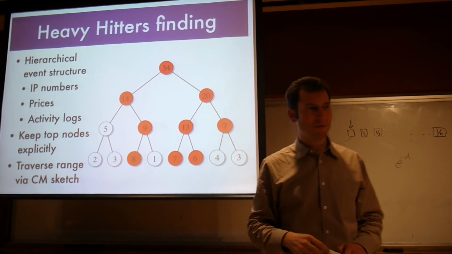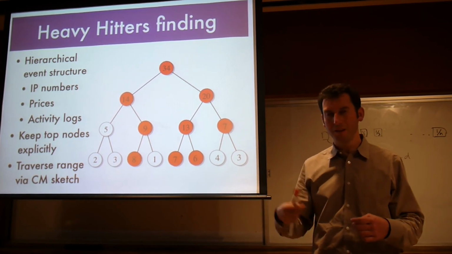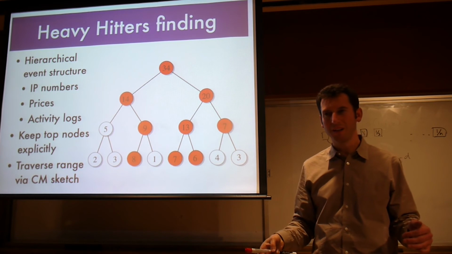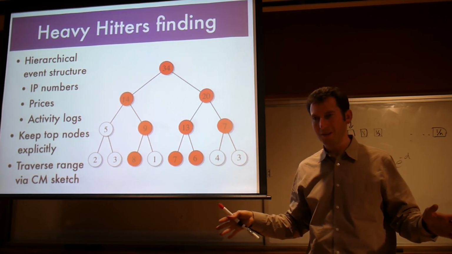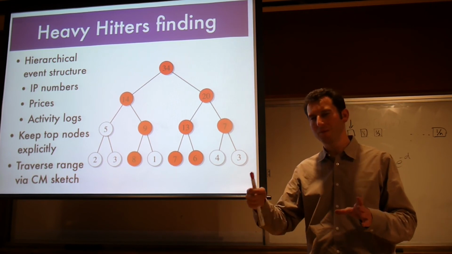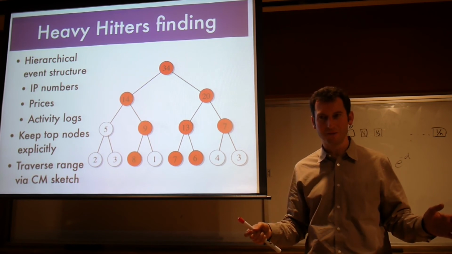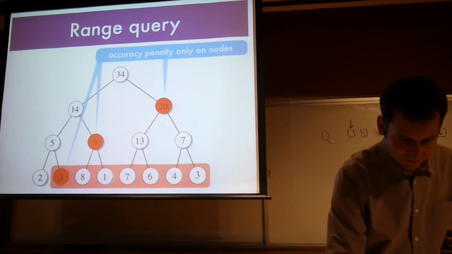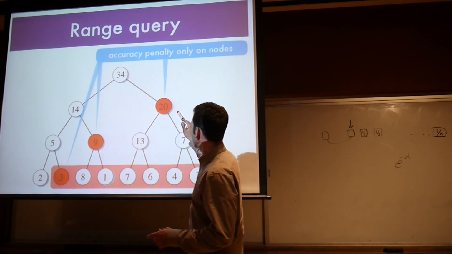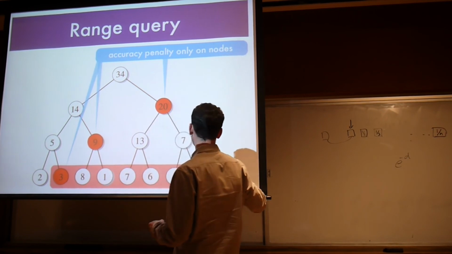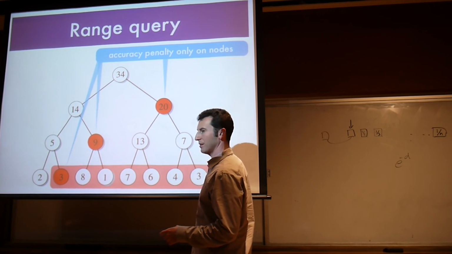And that mitigates some of the effects that, while you might have high accuracy, as soon as you invoke that sketch many, many times over and over again, the union bound still helps you because it's only a log number of times that you invoke the sketch, but at some point log of some number is still going to be something very large. And yeah, that's what I meant with the range query. If I am interested in that entire range, then I just need to look at the nodes on that cut of the tree.